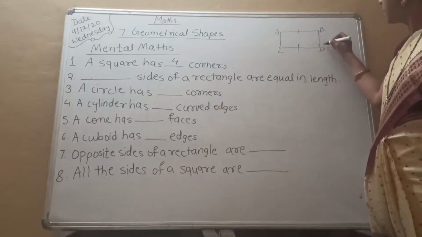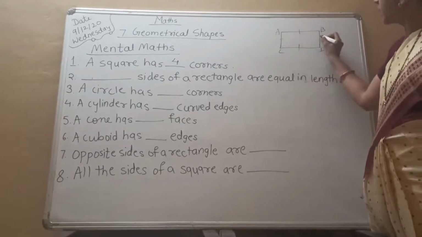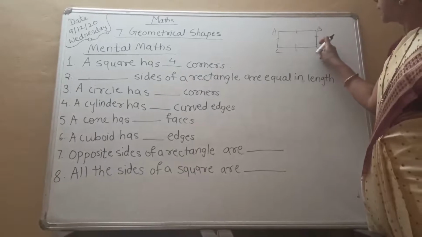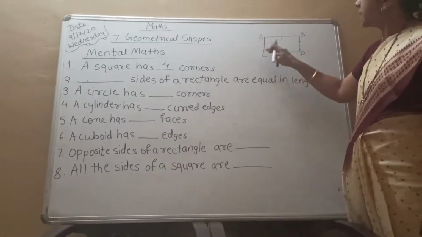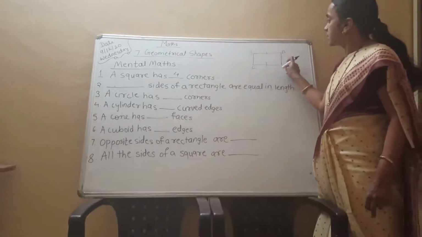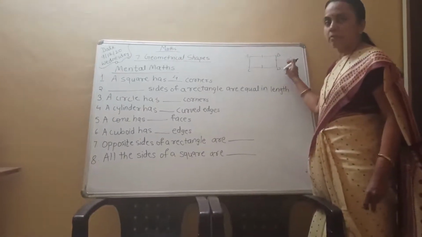Similarly, see BD and AC. These are the 2 opposite sides of a rectangle. These 2 sides, AC and BD, are also equal in length.